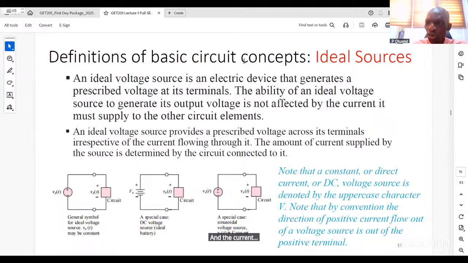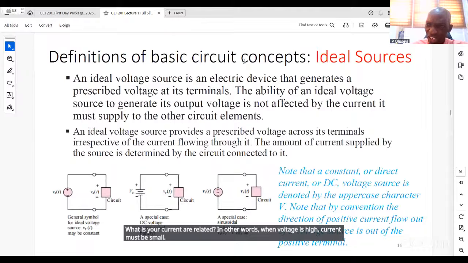Current and voltage are always related; you have a relationship between them. On account of that, if you have an ideal source, your current may not have much influence on it, even though in the practical sense, voltage and current are related. In other words, when voltage is high, current must be small.